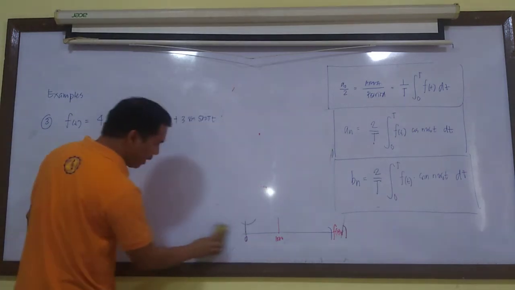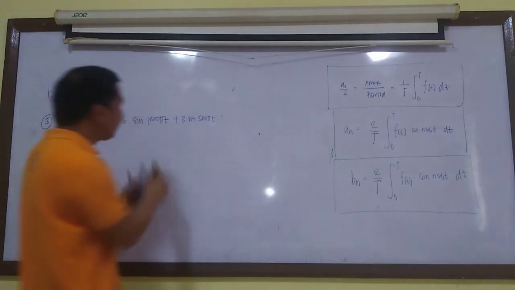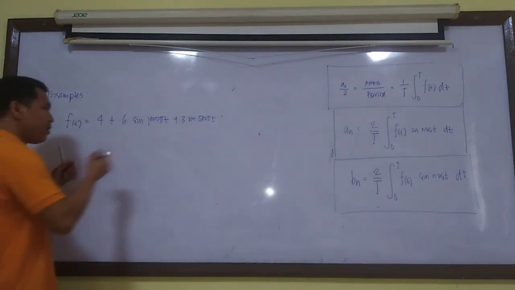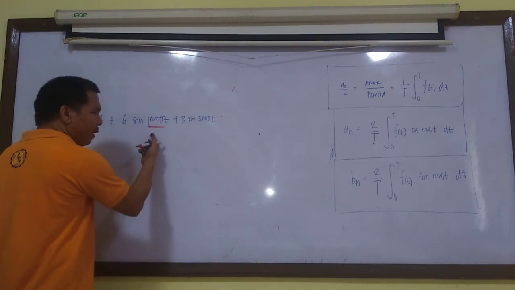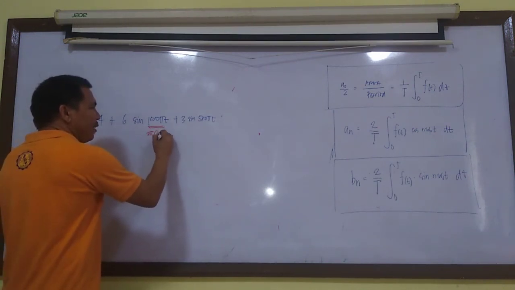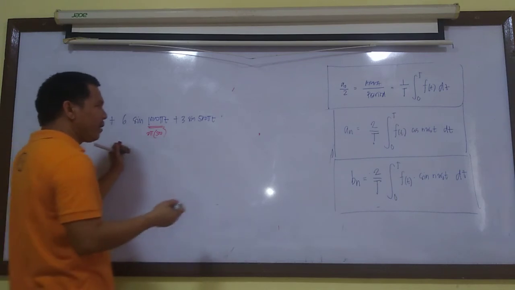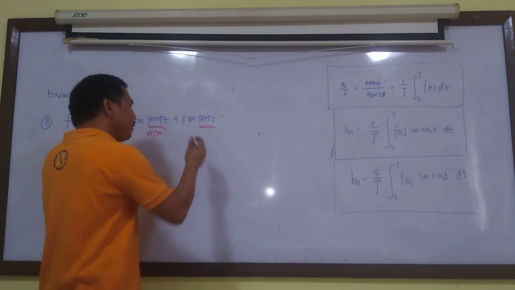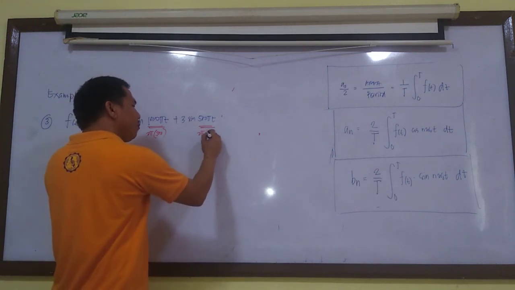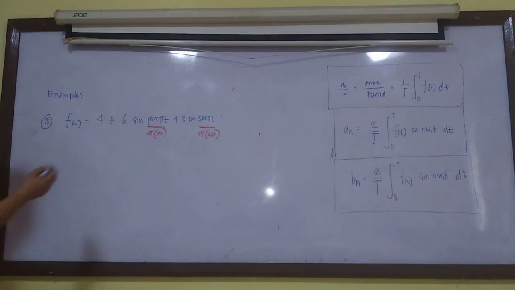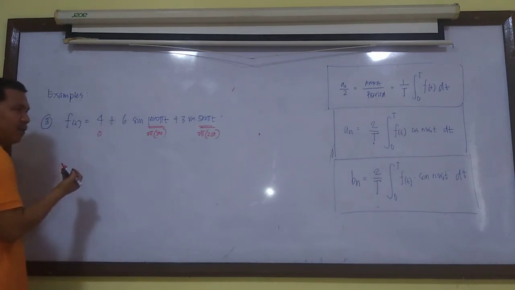How are we going to do that? All we need to know is some information about the frequency. What's the frequency here? This will become 2 pi times 500, so 500 is the frequency here. What about this one? That's 250, that is 2 pi times 250 hertz. The frequency here is 0.